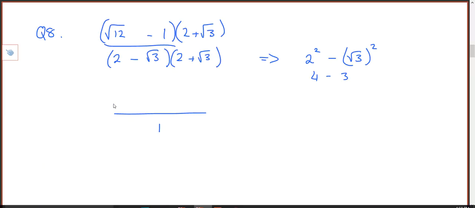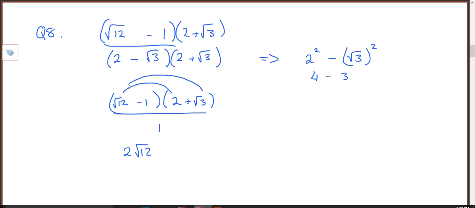So then we've just got on the top root 12 minus 1 and 2 plus root 3, and we FOIL. So, Linnea, talk me through. 2 times root 12 is 2 root 12. Plus root 36, so 3 times root 12 is 6.